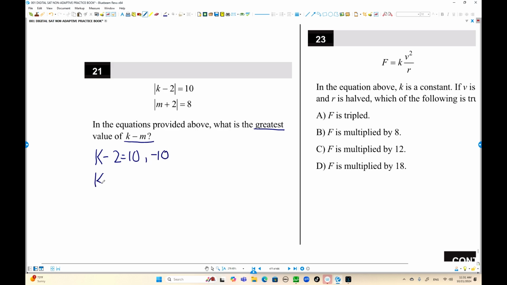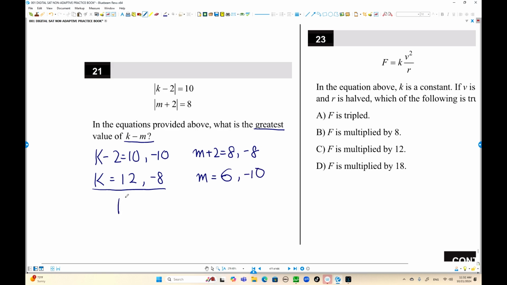So from here, plus 2 on both sides, it's going to equal 12 and negative 8. That is the value of k, okay? What is the value of m? m plus 2 equals 8 or negative 8. Minus 2 on both sides. m equals positive 6, okay? Sorry. And negative 10.